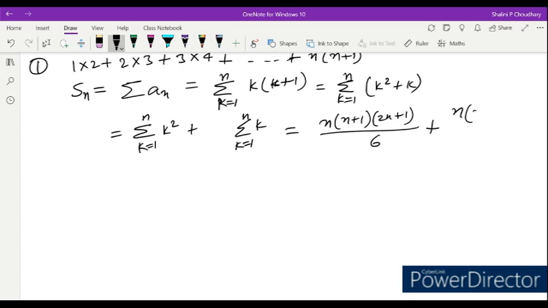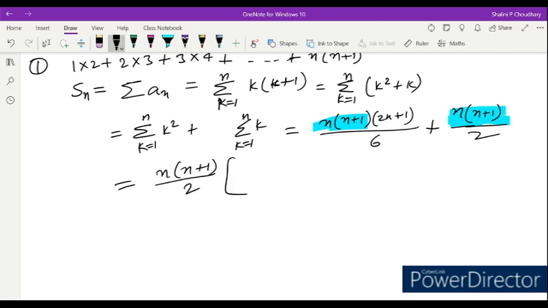That will be n into n plus 1 divided by 2. Now here also we can take common. What can we take common? n into n plus 1 divided by 2. We have taken common, so 2n plus 1 divided by 3 plus 1 is there.